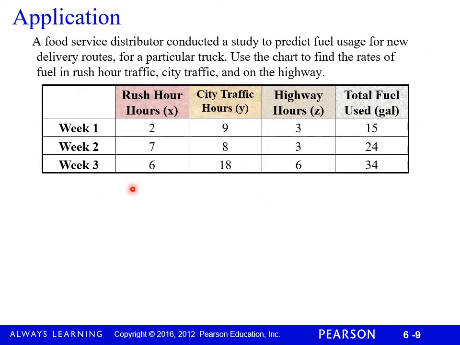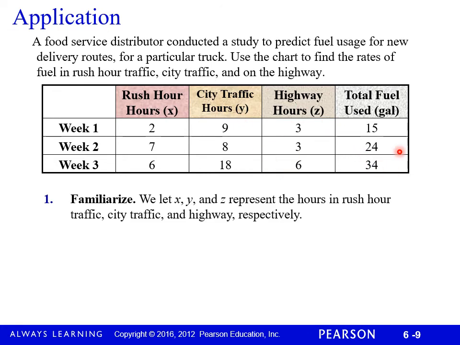This was given in the problem, and this is great because this makes it really easy to convert these to equations. 2x plus 9y plus 3z equals 15. 6x plus 18y plus 6z equals 34, etc. Okay?